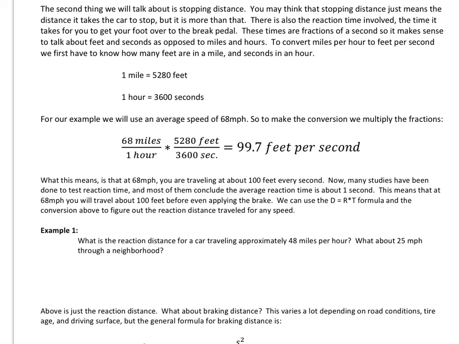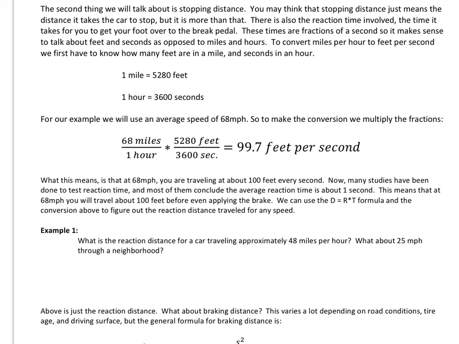Obviously, you're going to be going different speeds, with different miles per hour. But basically what this means is that if you're driving at 68 miles per hour, imagine you get on Interstate 69 there in Fishers. The speed limit is 65 miles per hour. So it's not uncommon to be driving 68 miles per hour around Noblesville.